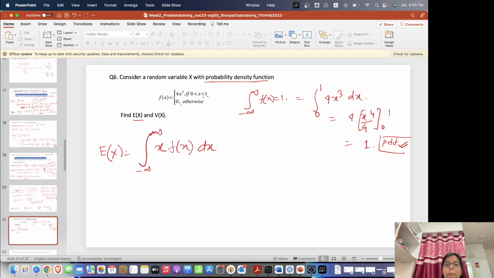Here, from minus infinity to 0, the value of fx is 0, so the entire thing is 0. From 1 to plus infinity, again fx value is 0. So what remains is the integral from 0 to 1 of x into 4x cube dx.